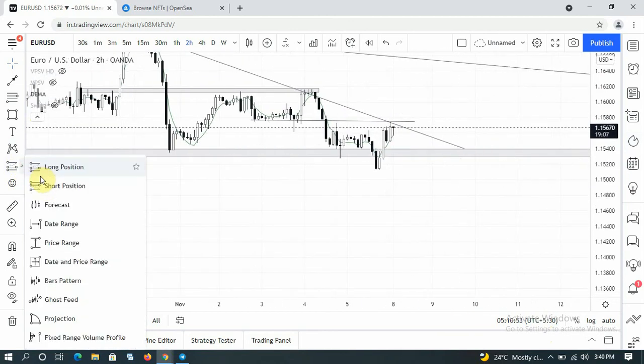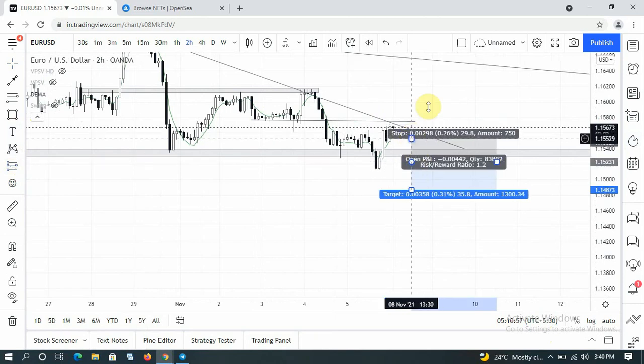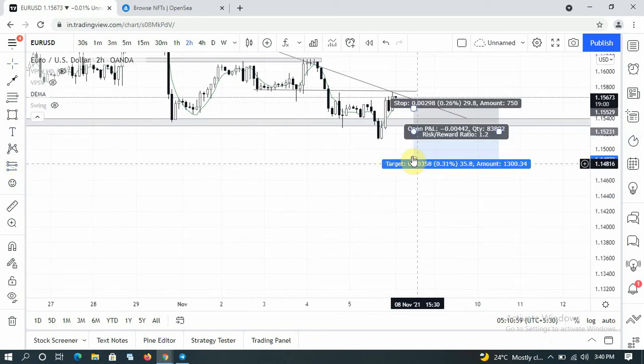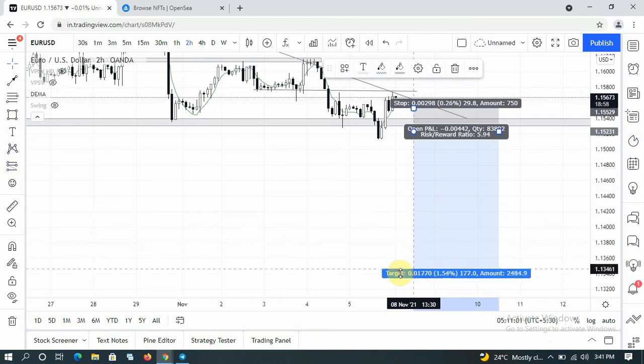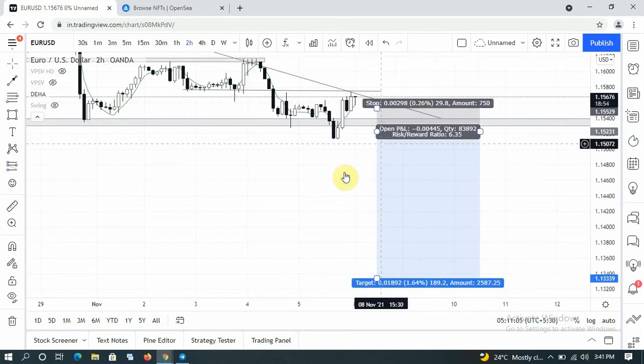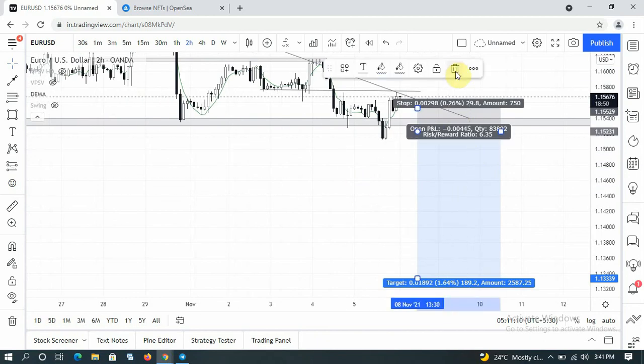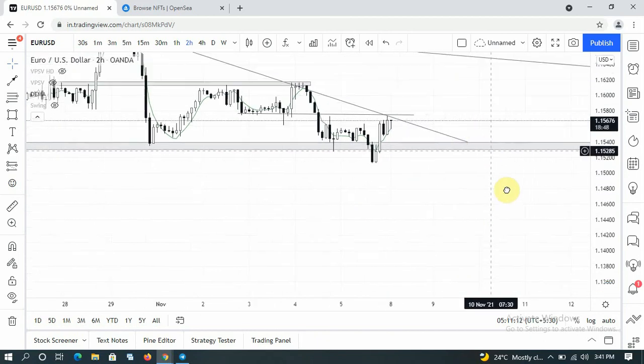We're looking into selling for a long period of time. And I would really love it if the market could do this for Euro USD, just get down right here and continue selling. All right, so that's for the long on Euro USD.